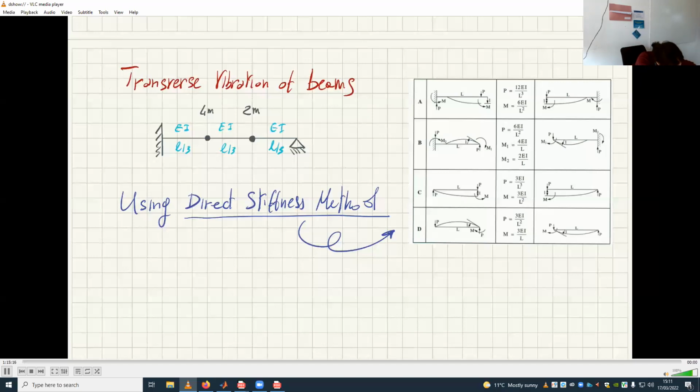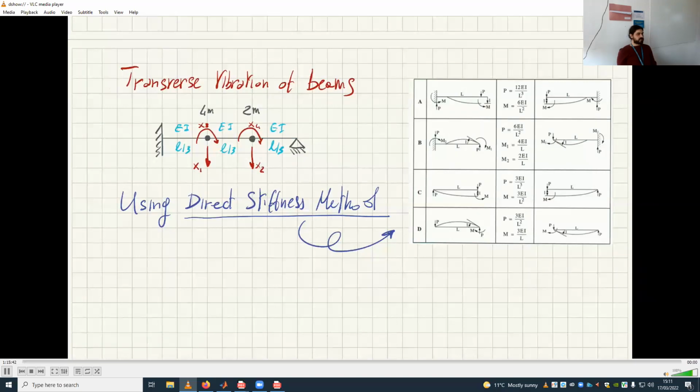In that case, we have x1, x2, x3, x4. Okay, these are the 4 degrees of freedom.